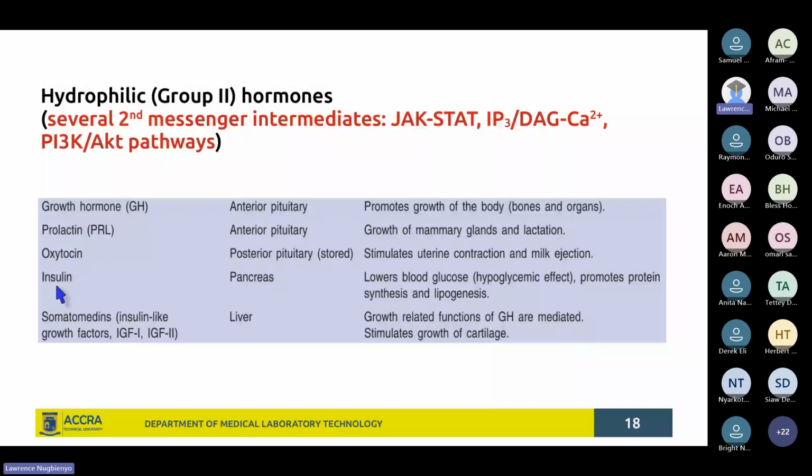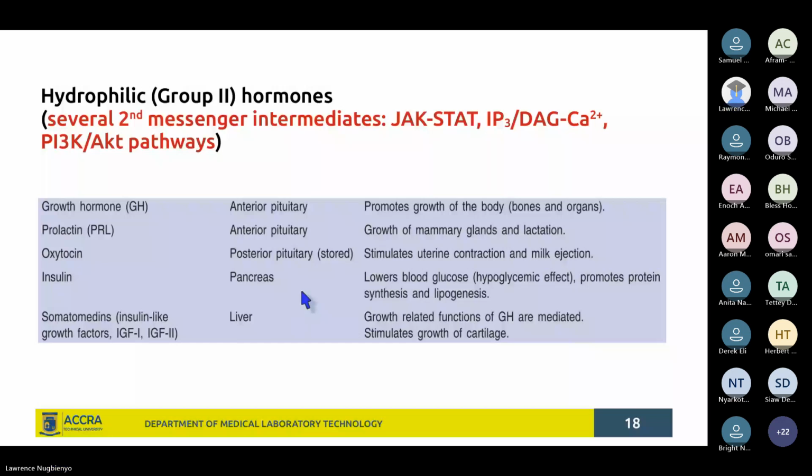We saw that example there. But here you will see insulin also making use of maybe this inositol triphosphate system, for instance.